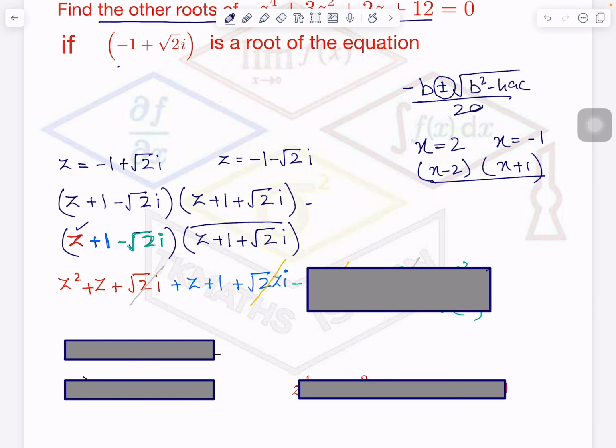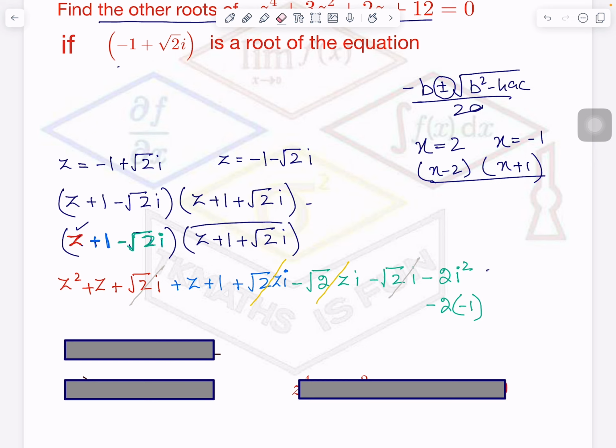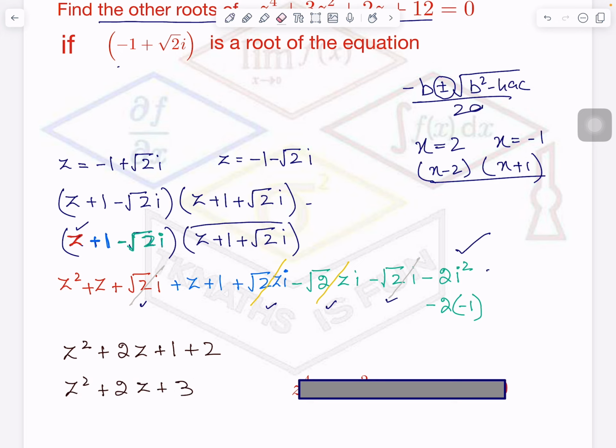And then I will multiply by green, root 2 minus 1, I will get this. I have shown you here with different colors how they are cancelling out, which are the same terms but with opposite sign. After adding or subtracting the like terms, you know that root square equals minus 1, you can see here, so it will become plus 2. Right? So now you got the quadratic equation.